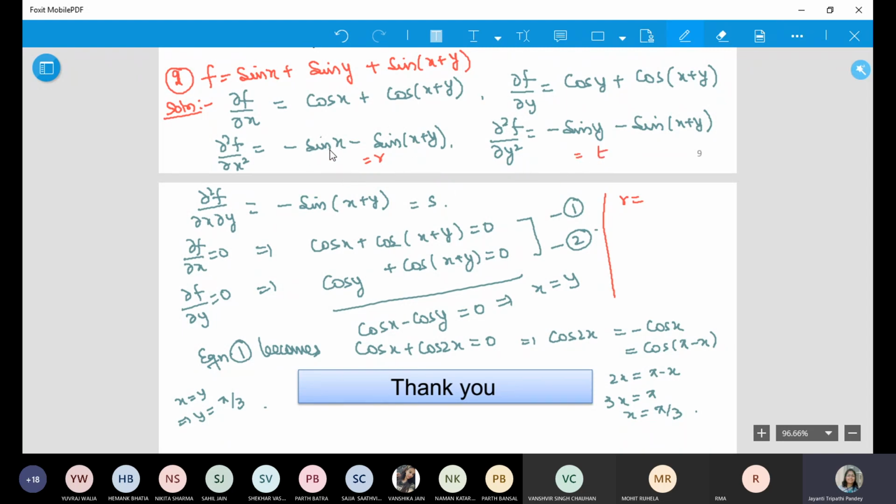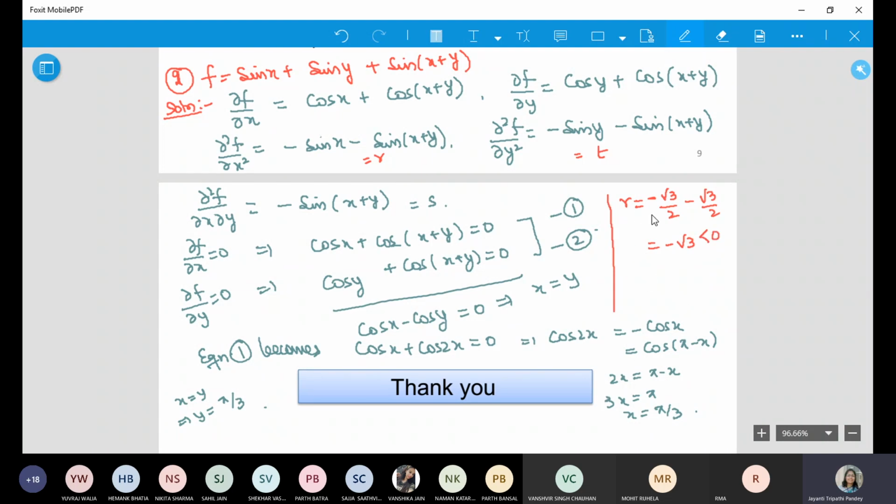So minus sine pi by 3 minus sine 2 pi by 3. Minus sine pi by 3; sine pi by 3 is root 3 by 2. R is minus root 3 by 2. And sine 2 pi by 3 is also root 3 by 2. I hope you have no doubt in it. So this is minus root 3, which is less than 0.